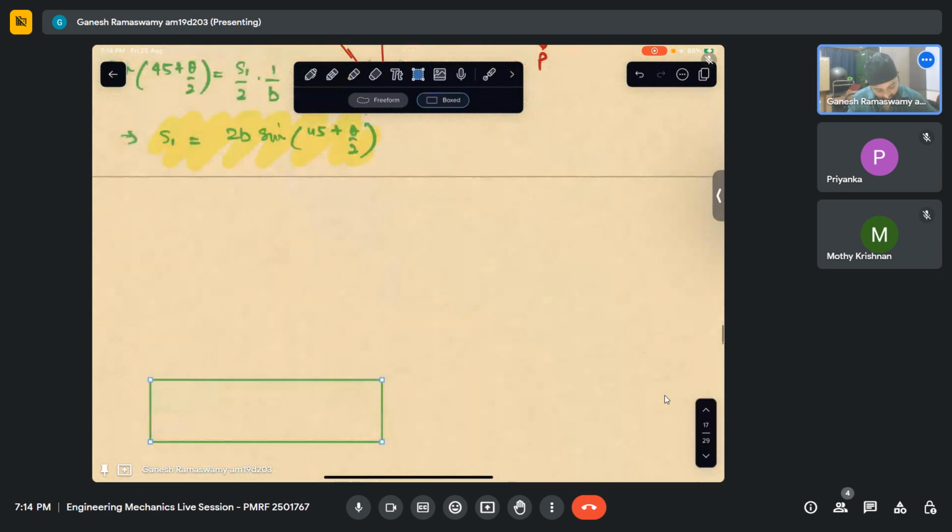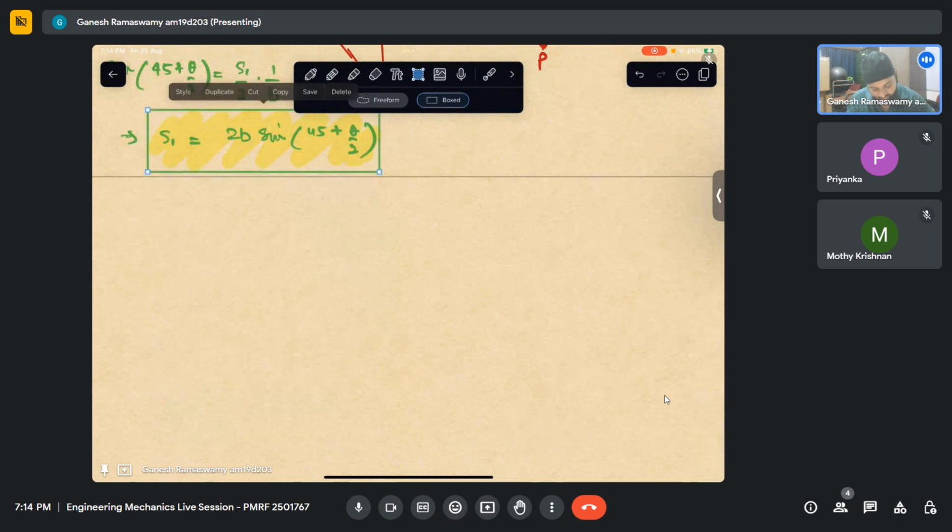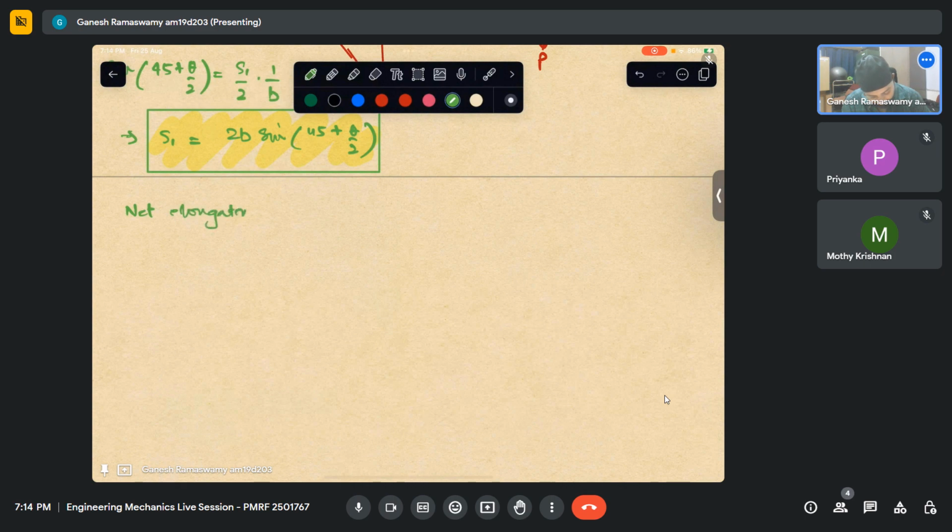It was here. Net elongation is nothing but S1 minus S, which is 2B sine(45 plus theta by 2) minus B root 2.